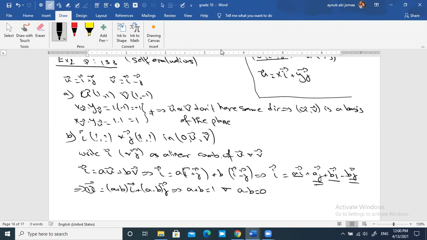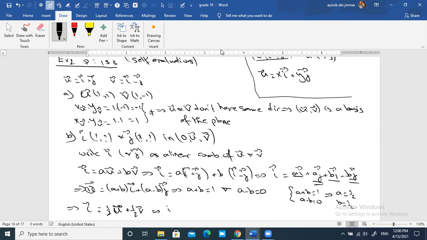Now, you have this system: a plus b equals 1, a minus b equals 0. Here, you can use the calculator to solve it. You get a equal to 1 over 2, b equal to 1 over 2. It means that vector i is equal to 1 over 2 u plus 1 over 2 v.